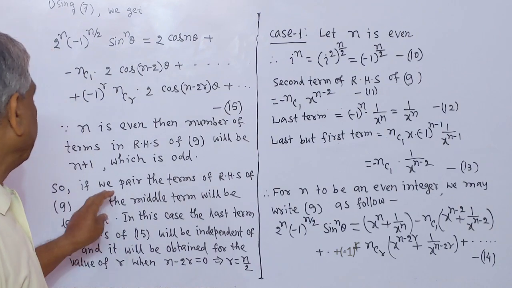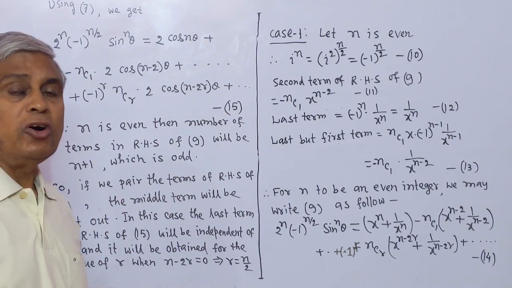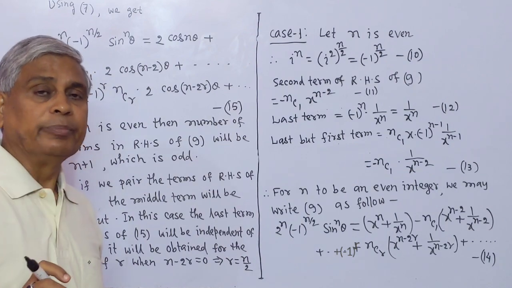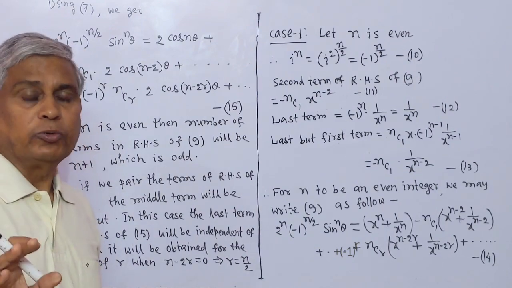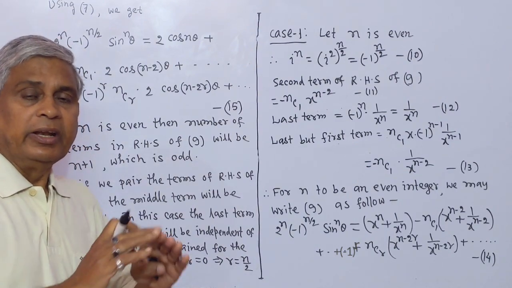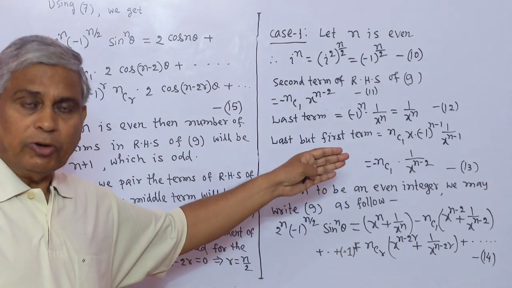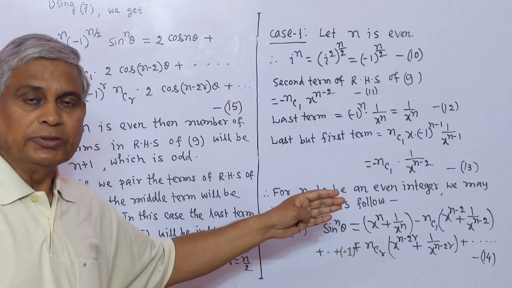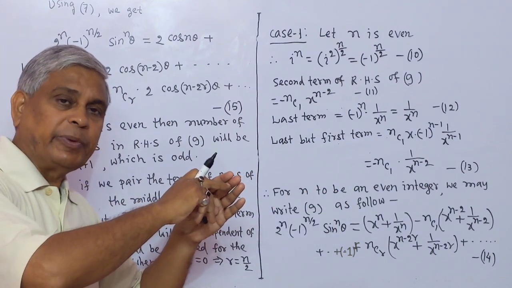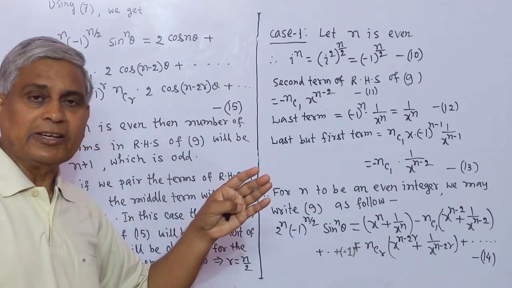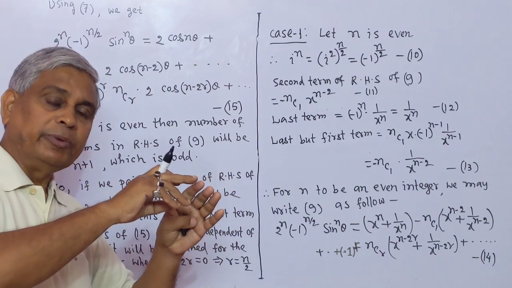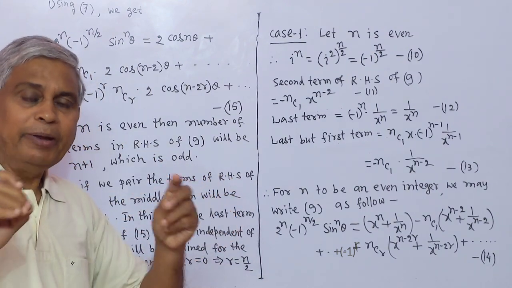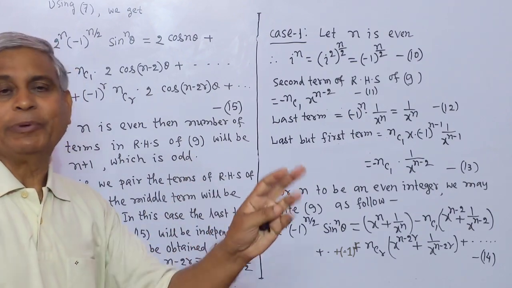So if we pair the terms of the right hand side of 9, the middle term will be left out because the number of terms is odd. If we pair 2 by 2, the first pairing will be first term and last term, the second pairing will be second term and last but first term, and the middle term will be left out.